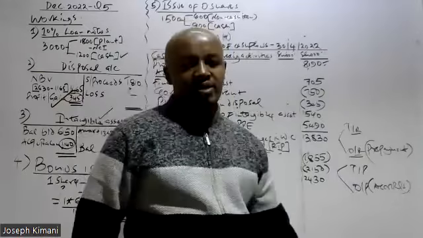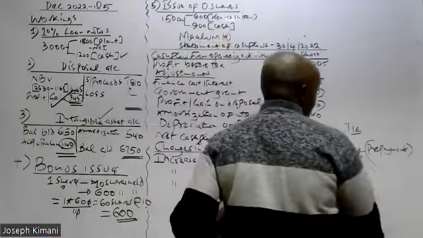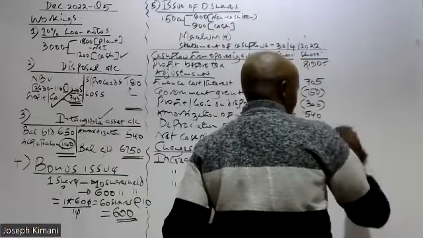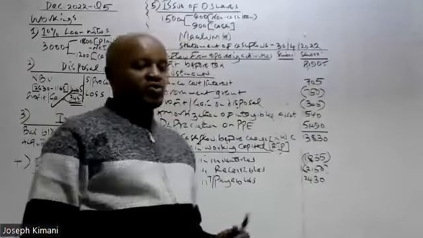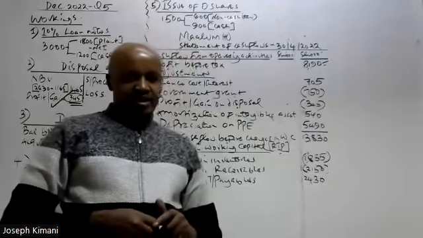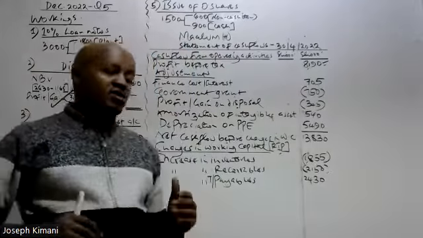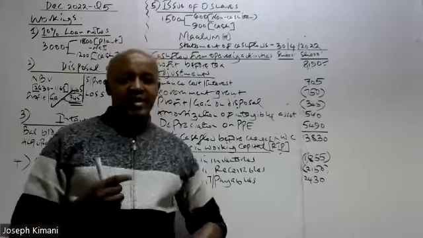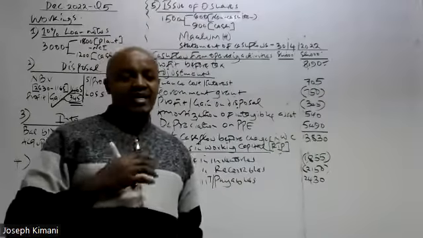Remember, payables is the amount of money which a company owes to the suppliers. So the reason why the amount owed to the suppliers increases is because the supplier did what? The supplier gave the company an additional credit.